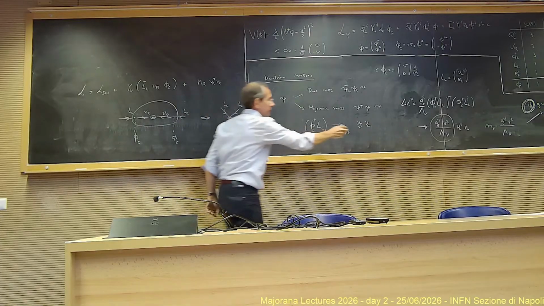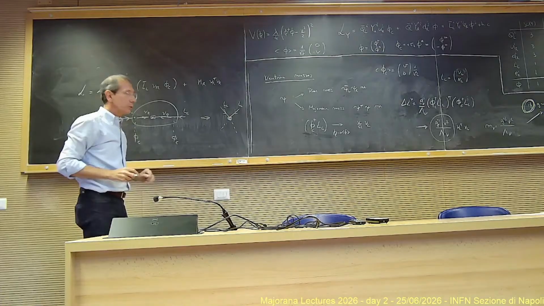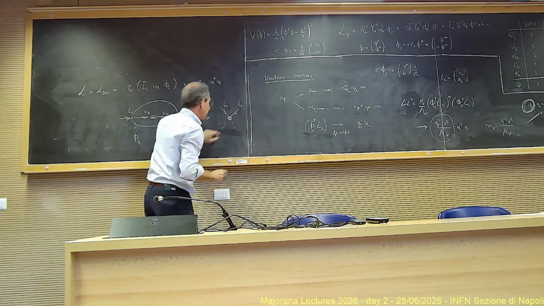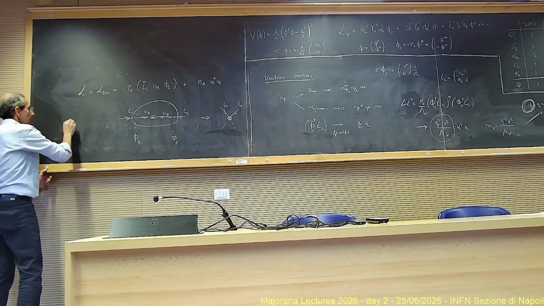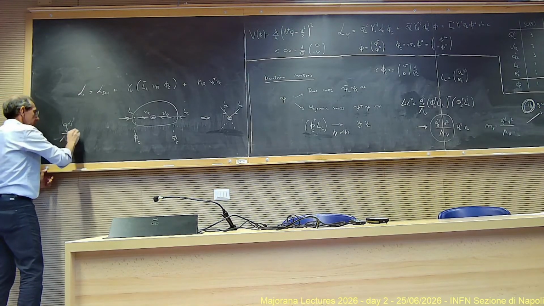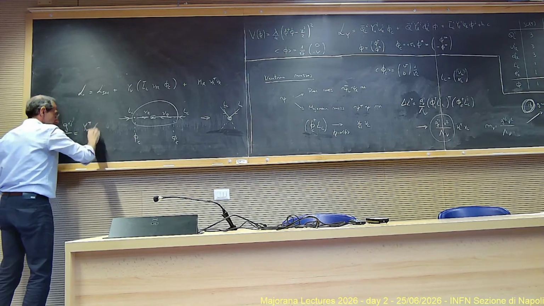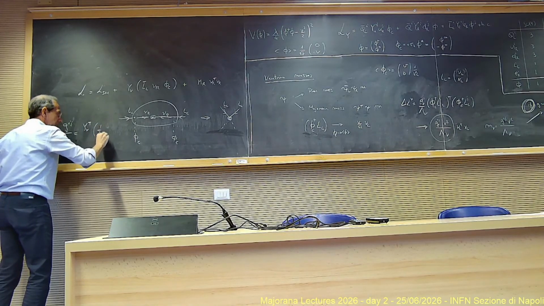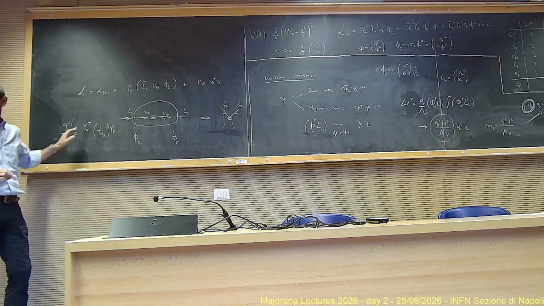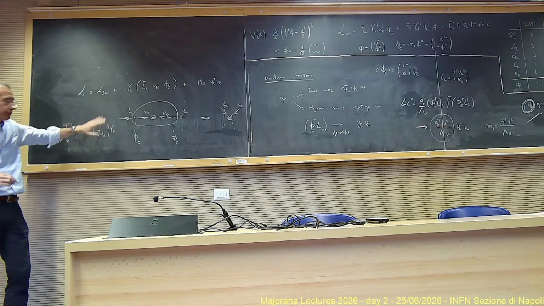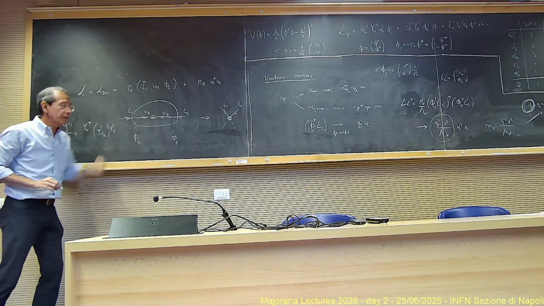Which is okay. And you can compute it, and you will get y_nu transpose, 1 over M_R, y_nu. I skip the calculation. You understand? I put two insertions of the Yukawa and there is the propagator.